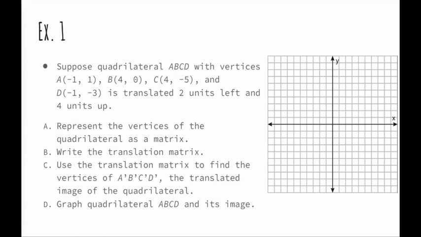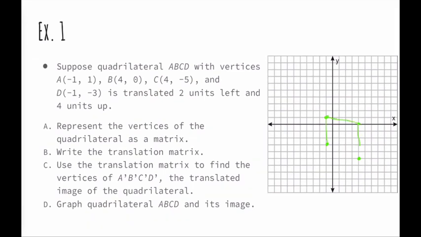Suppose quadrilateral ABCD with vertices A at -1, 1, B at 4, 0, C at 4, -5, and D at -1, -3 is translated 2 units left and 4 units up.